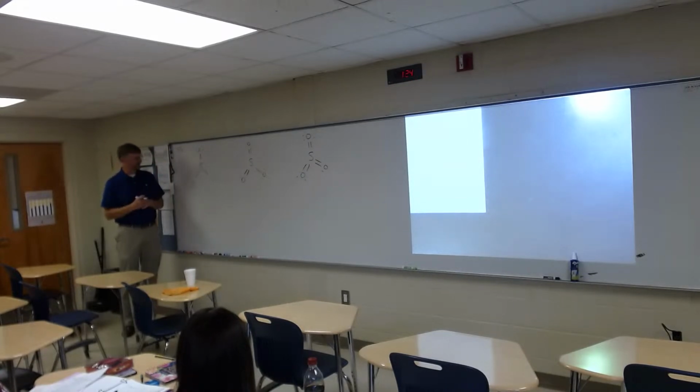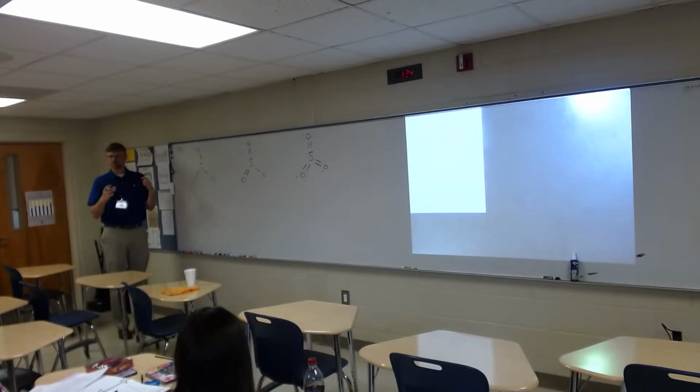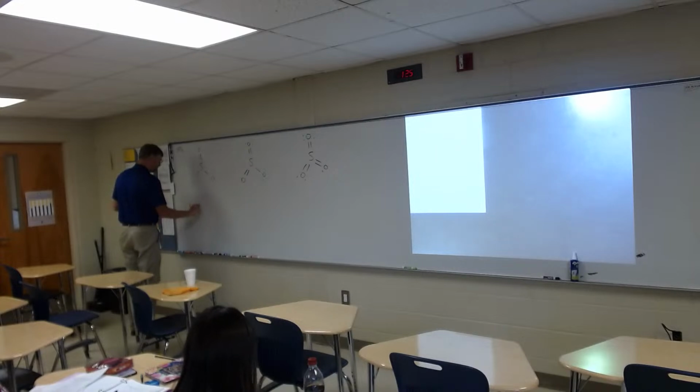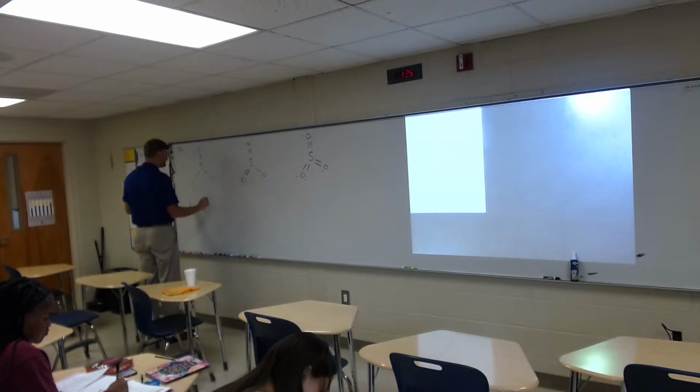So how do you calculate? Well, there's a big long formula, and then there's a shortcut. So here's the big long formula, just for the fun of it. Formal charge equals, let's see if I can even remember how to write it.